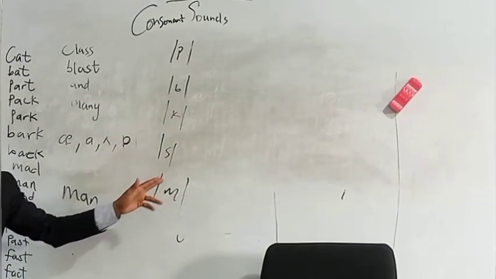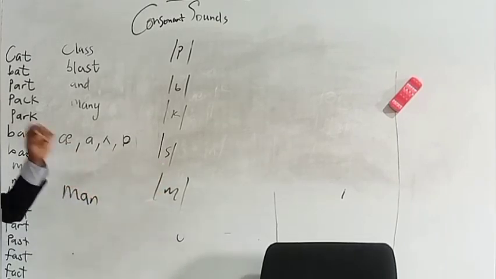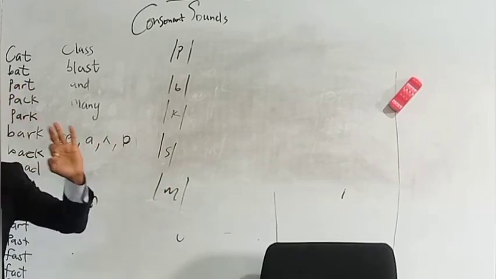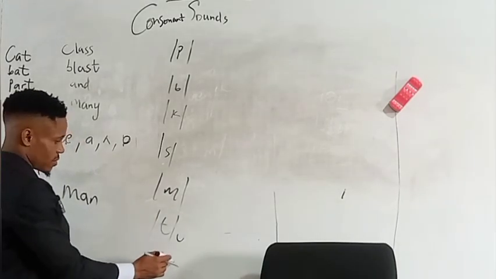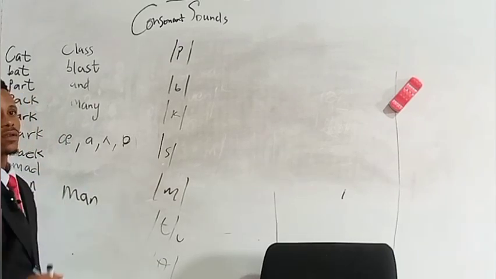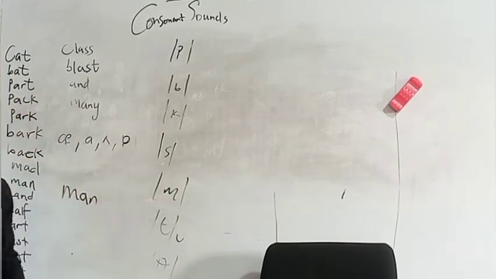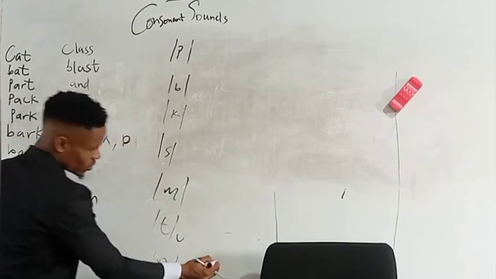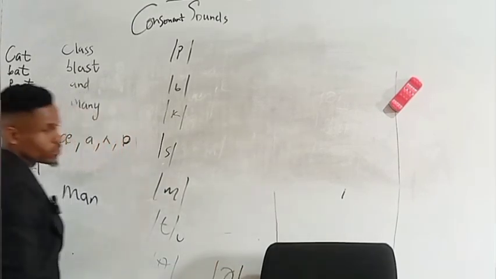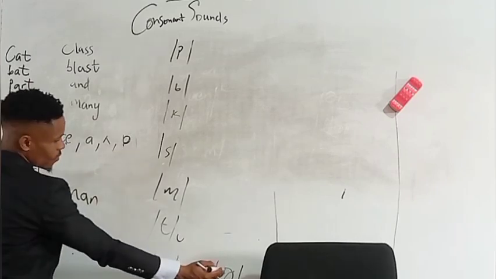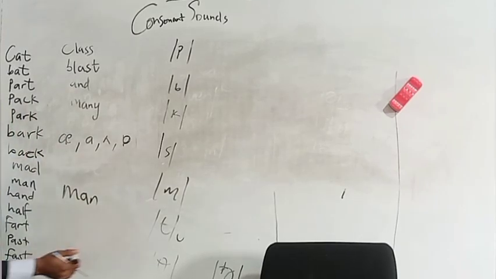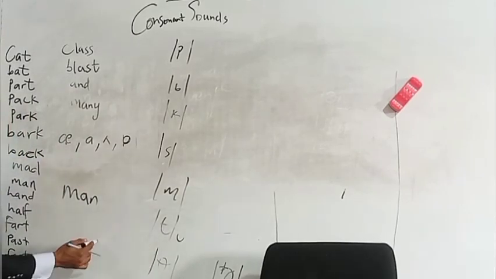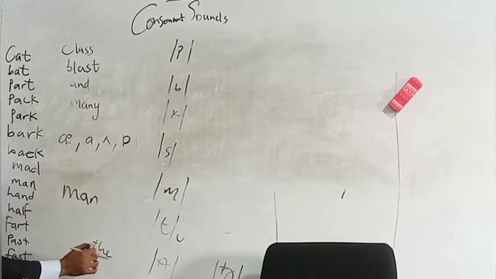And so this one is as in sa, sa. And then this consonant sound is two. Whenever you find words like this, TH, it is this sound.